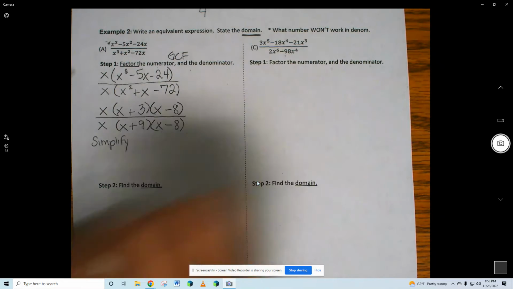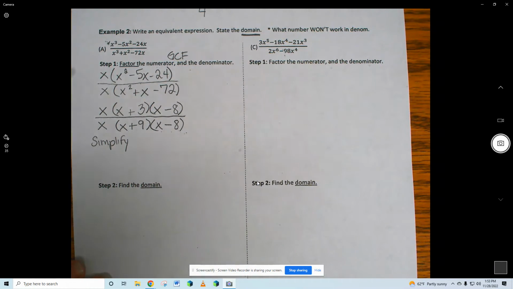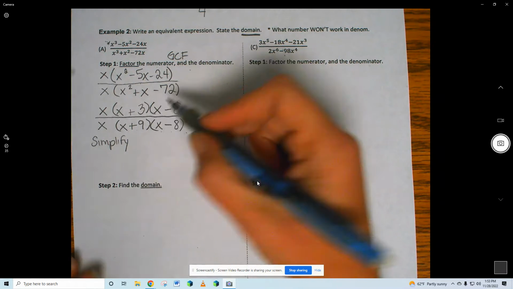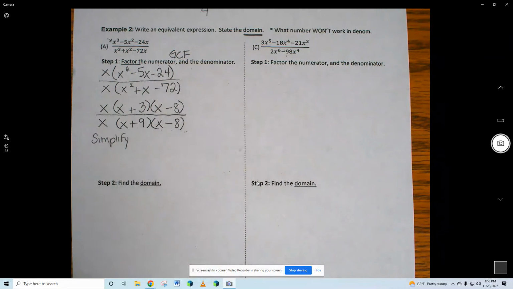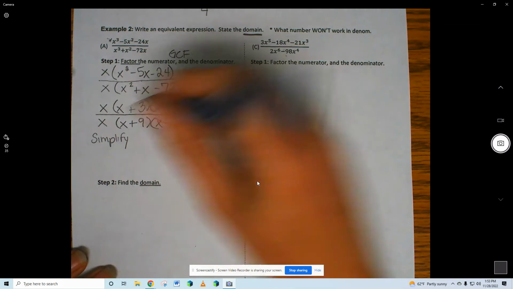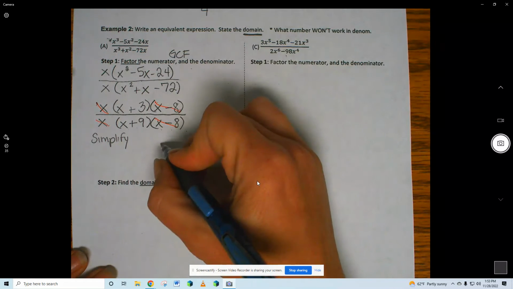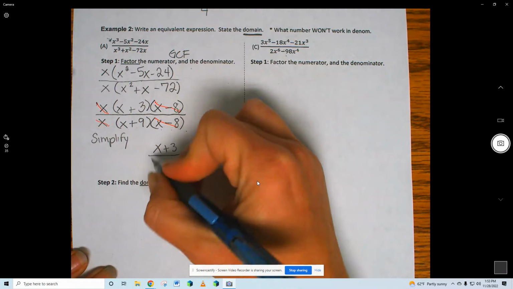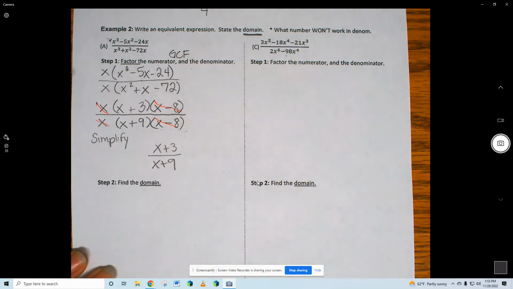What? I need you to say it louder. Yeah, x minus 8. I'll do that in a color. Sure. Anything else? So, final answer would be x plus 3 over x plus 9.